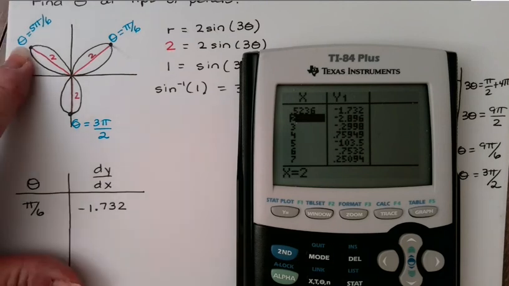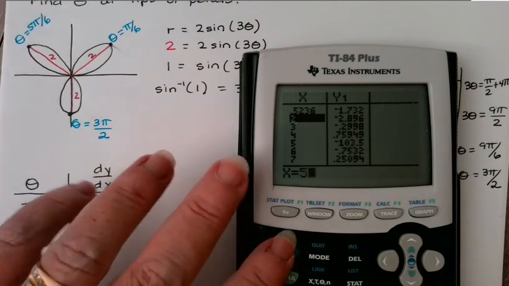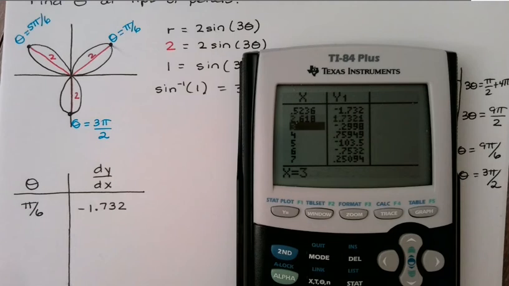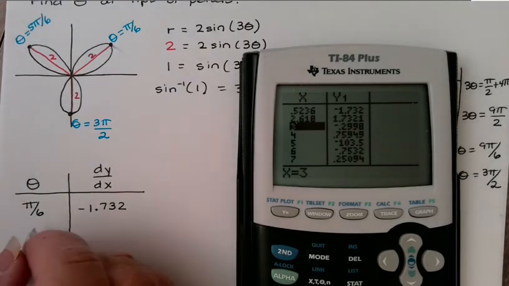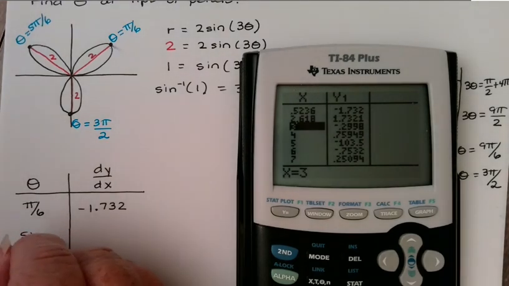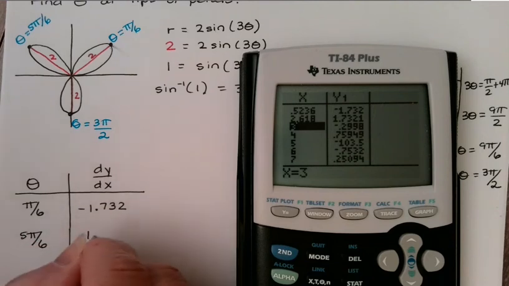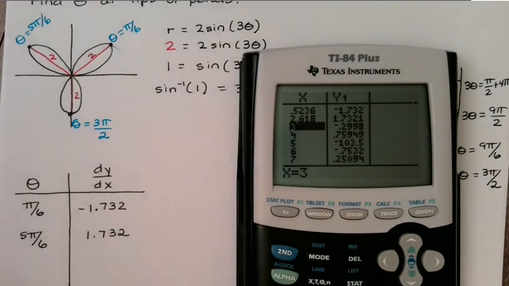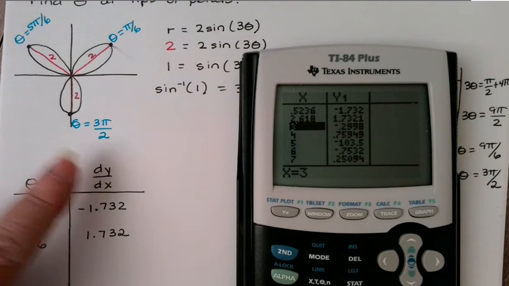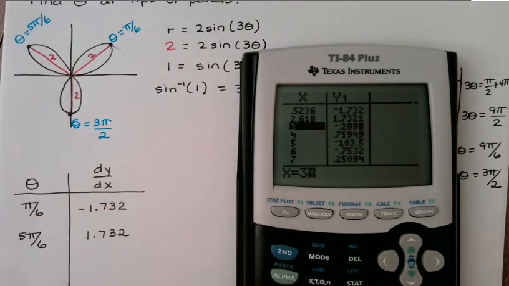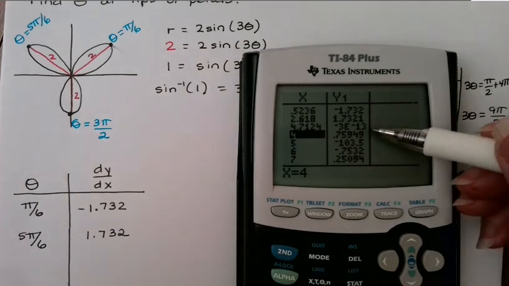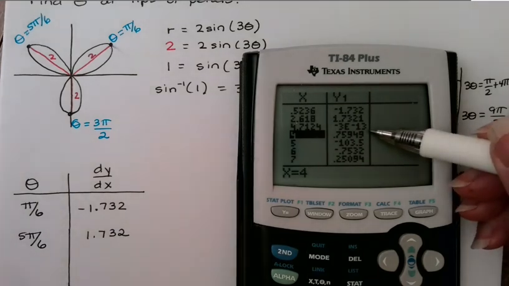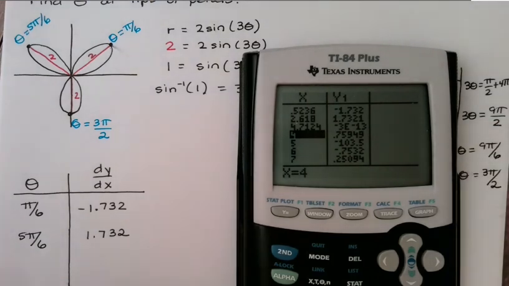My next theta value is 5 pi over 6, and the slope that I get is positive 1.732. And then my last theta value was 3 pi over 2. And let's see, that's an exponent of negative 13. 3 times 10 to the negative 13th looks like round off error to me. I think that's 0.